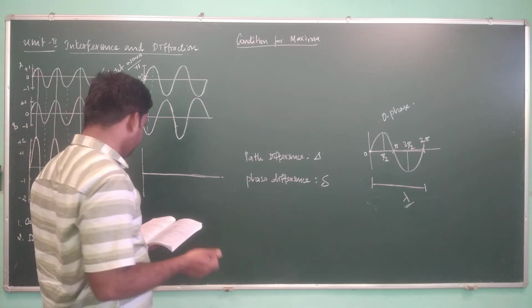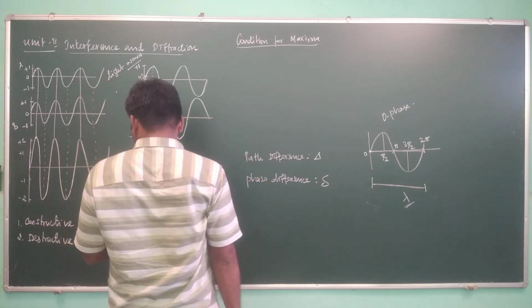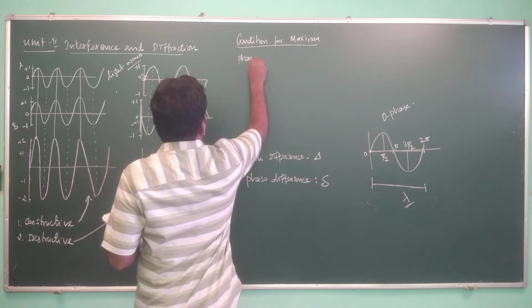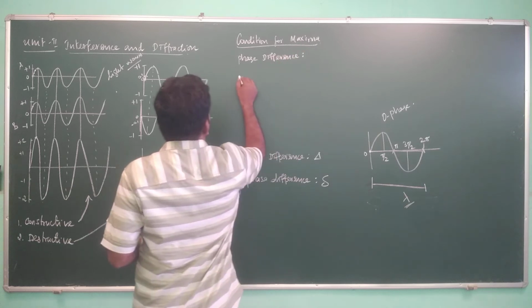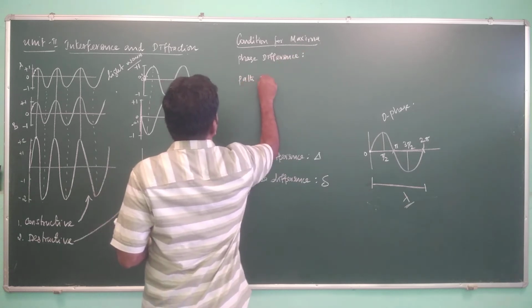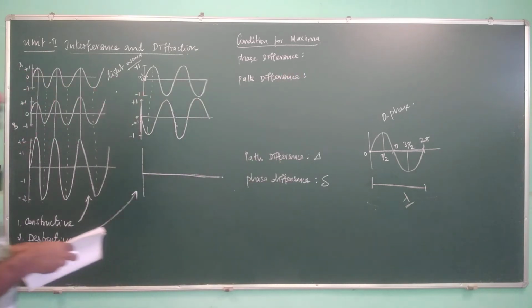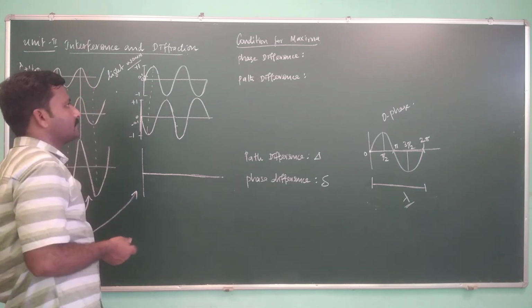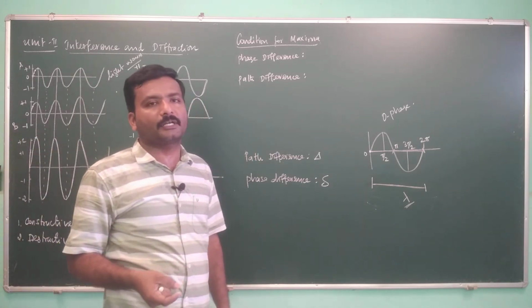Now, for the maxima, what would be the phase difference? What would be the path difference? When the maxima, that is the constructive interference, is to happen, what should be the phase difference between the two waves? If this is the phase difference, then you could say the maximum interference will happen in these two interacting waves.